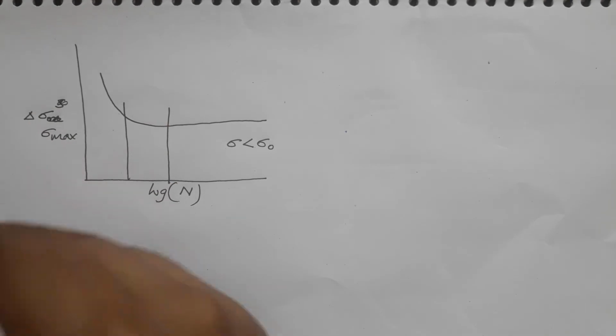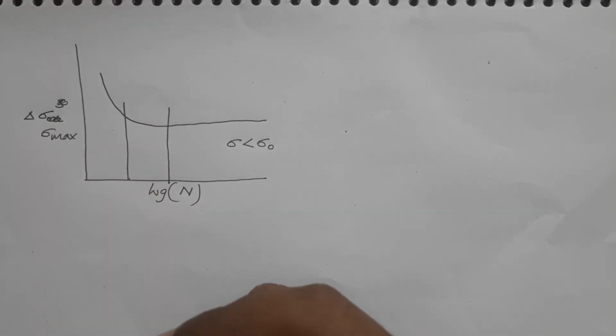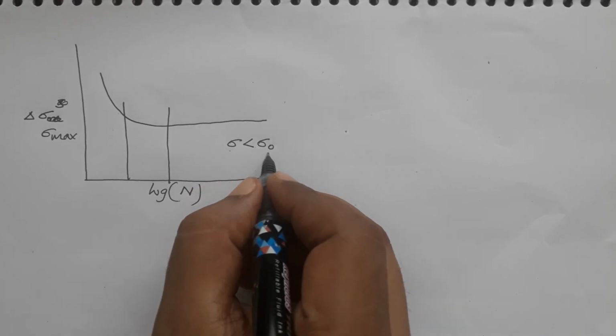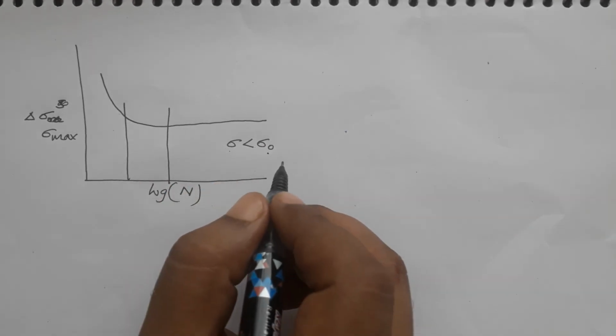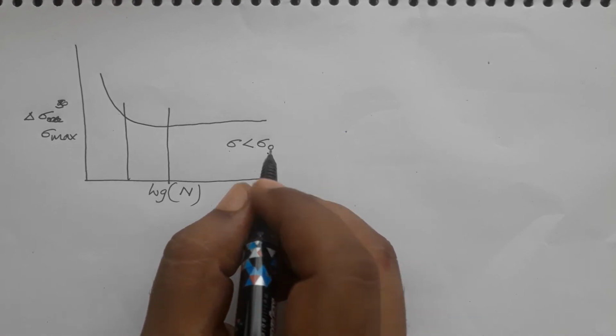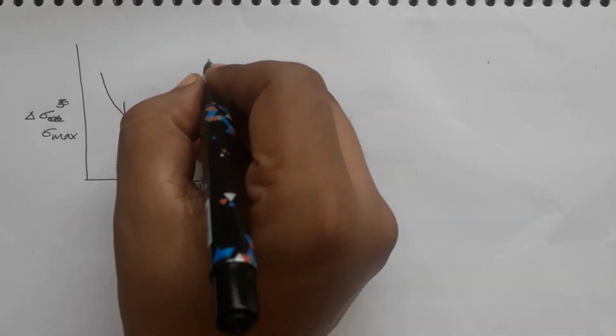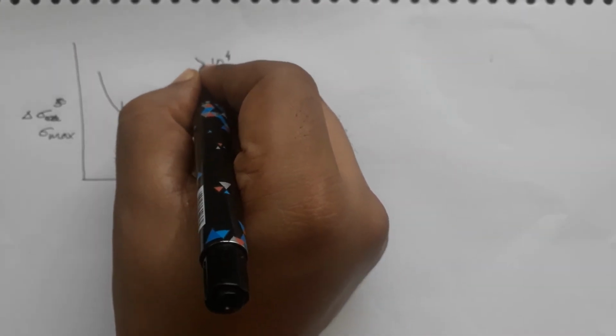So researchers did this analysis and they found that even if the stress is lower than yield strength, the material still can fail, especially when the material is undergoing cyclic loading. So this research was mostly for cycles more than 10 to the power 4.